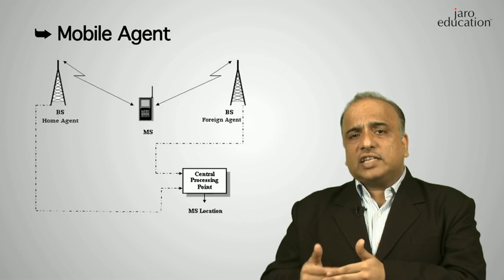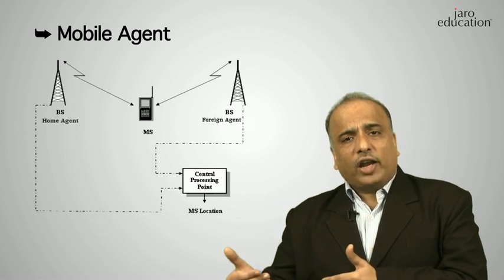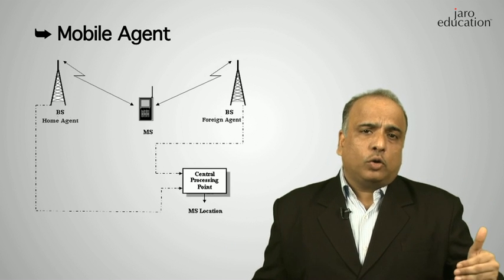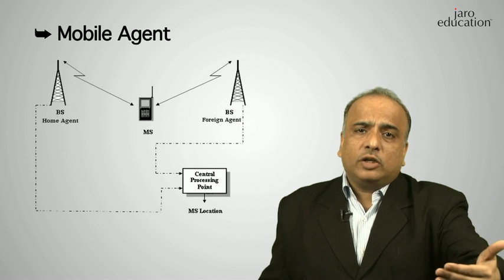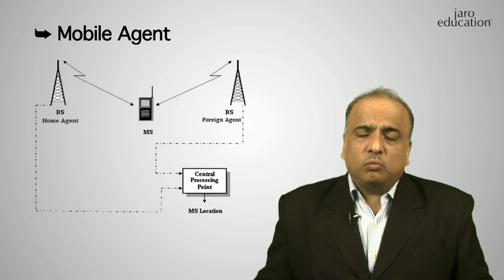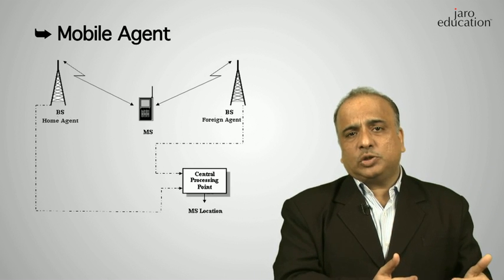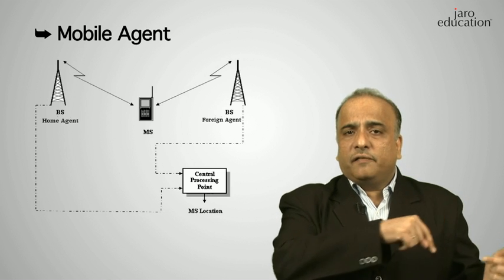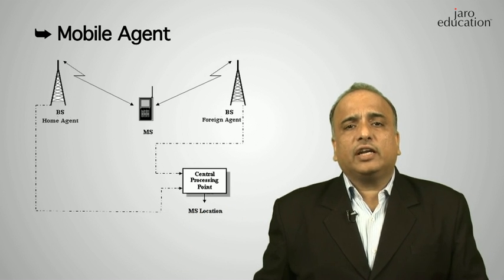So, now the communication will be: your handset will connect to the foreign agent, the foreign agent will contact the home agent, which will then connect with your mobile agent, which will process the data and give the result to the home agent, which will then send it to the foreign agent, and then it comes to you.